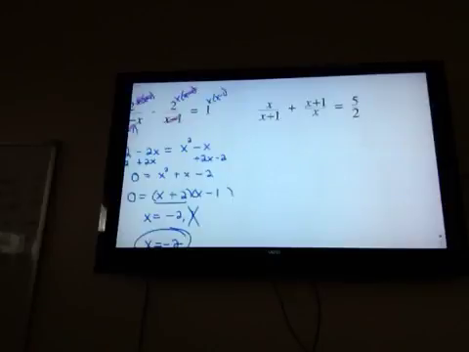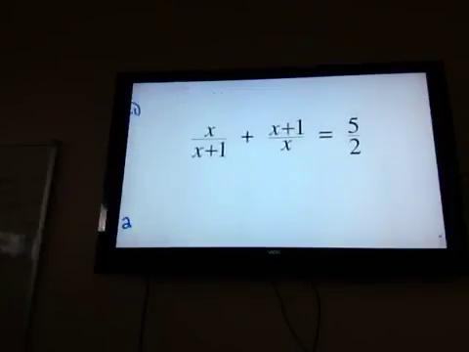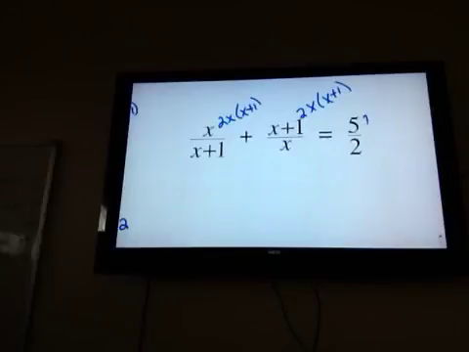All right, my last one here. My LCD is 2 times x times the quantity x plus 1. This is a biggie. Got my x. And again, I don't mind if you use the little shortcut.